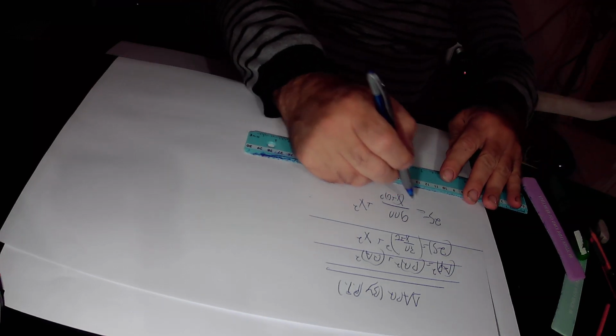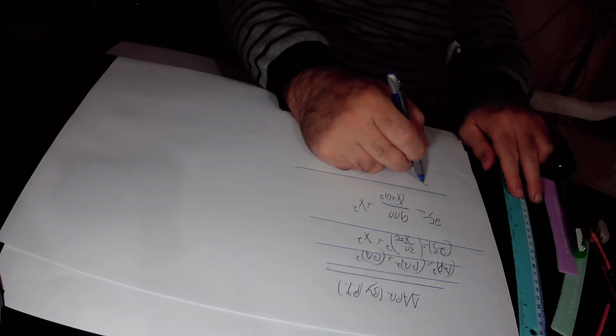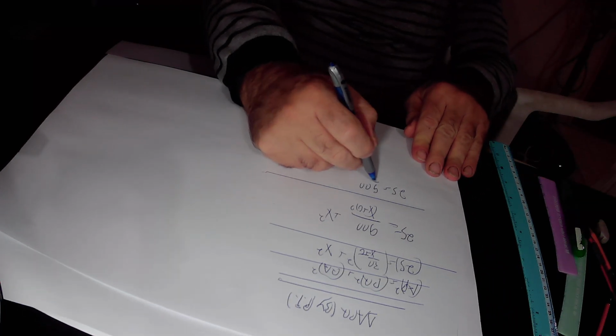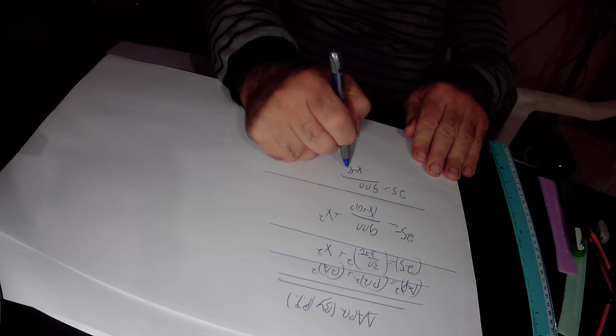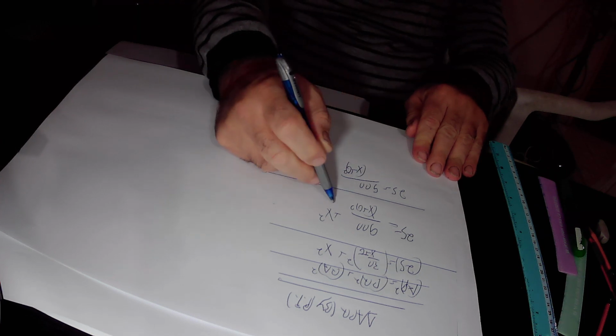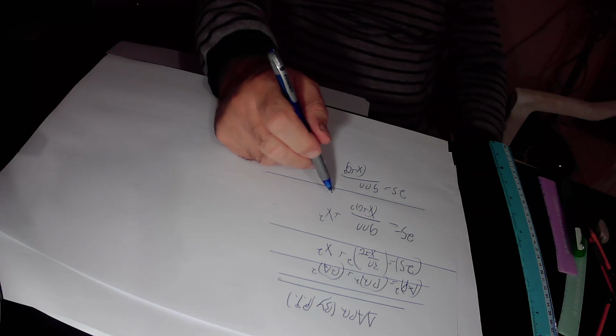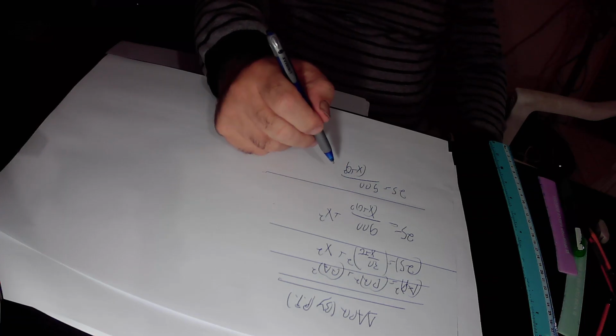So we found out that 25 equals 900 over (x plus 6) squared plus x squared. Here we will multiply x squared by (x plus 6) squared, and then we will divide it by (x plus 6) squared in order to have a common factor with this term.